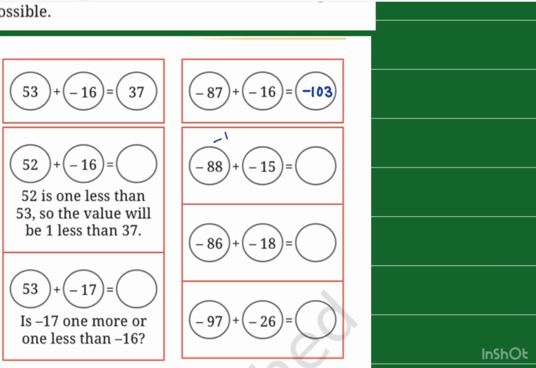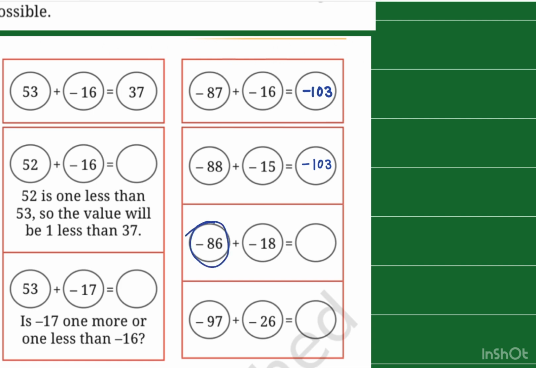Here the first number minus 87 becomes minus 88, so we subtracted 1, and here minus 16 becomes minus 15, that is we added 1. So here minus 1 and here plus 1, then it will not change the answer, so the answer will be minus 103.